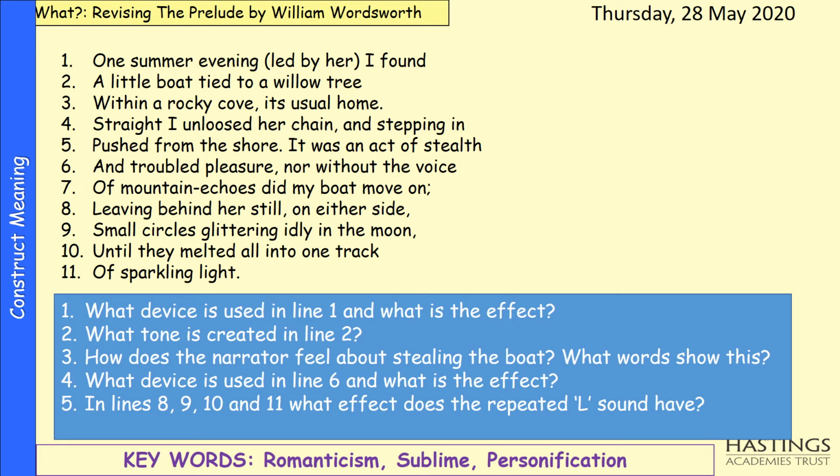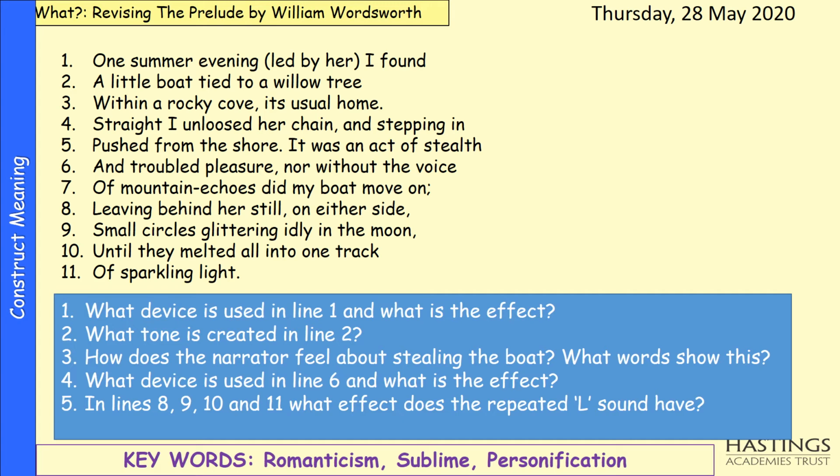And then question number 5, in lines 8, 9, 10 and 11, what effect does the repeated L sound have? So in those lines, we've got basically, so leaving behind her still on either side, small circles glittering idly in the moon until they melted all into one track of sparkling light.